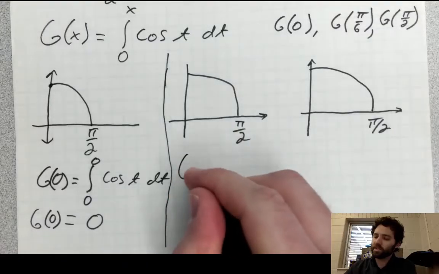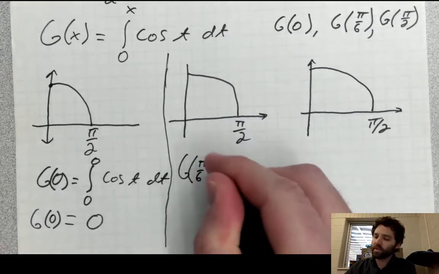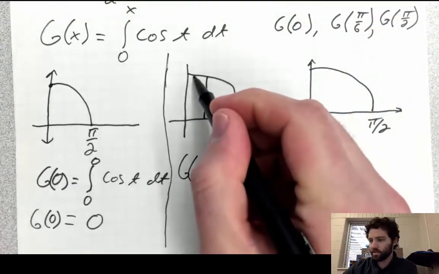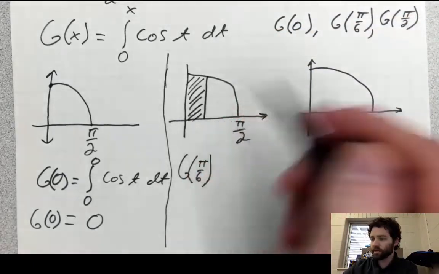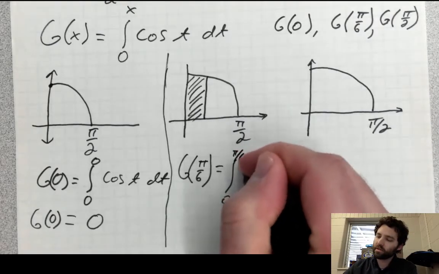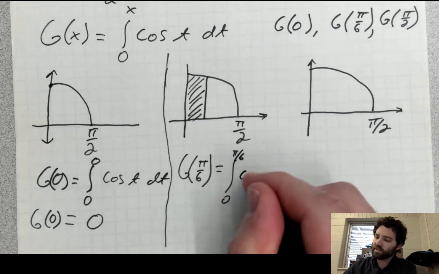Next one, g of pi over 6. Well, pi over 6 is partway down the x-axis, so we'd be trying to evaluate this area. G of pi over 6 would be the integral from 0 to pi over 6 of cosine of t dt.